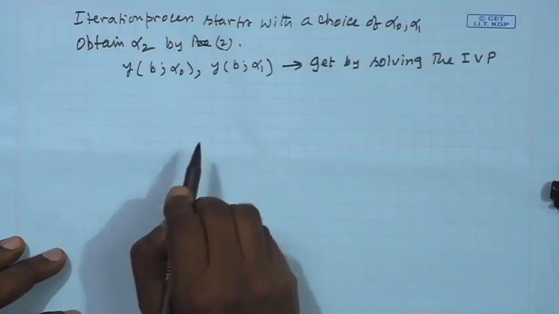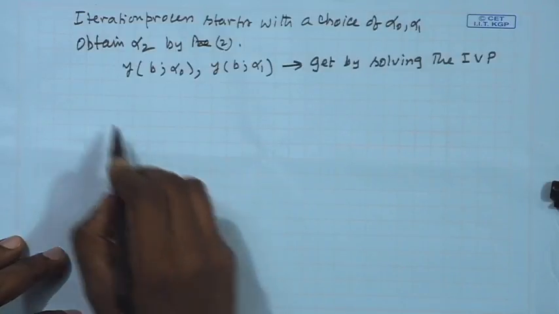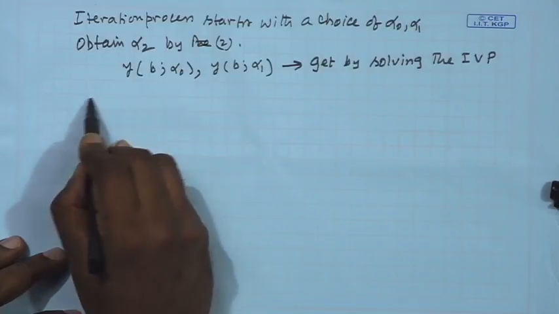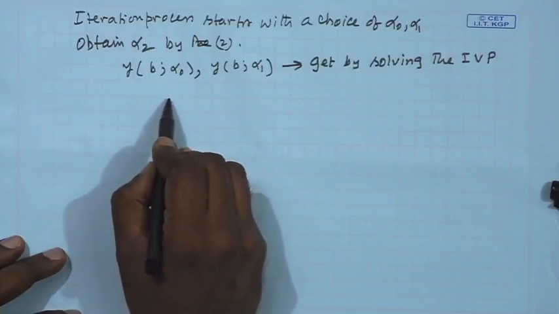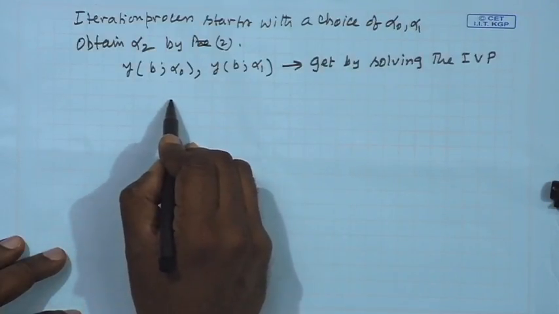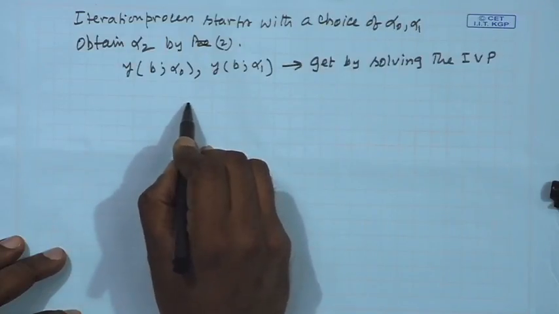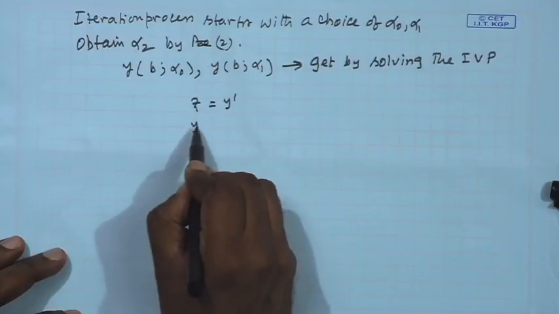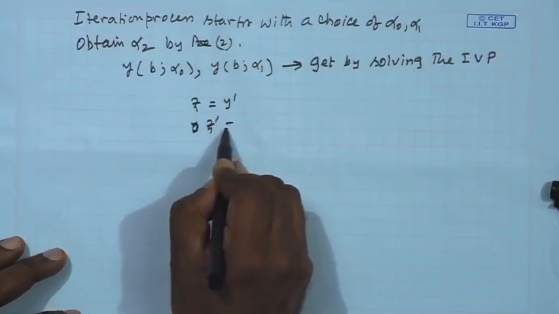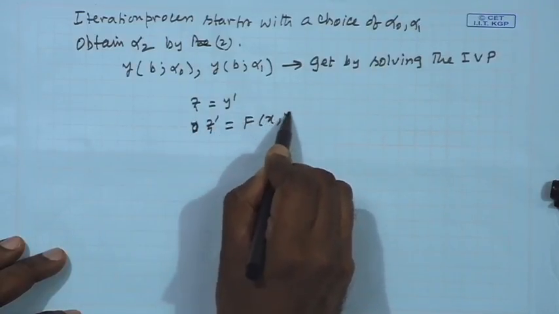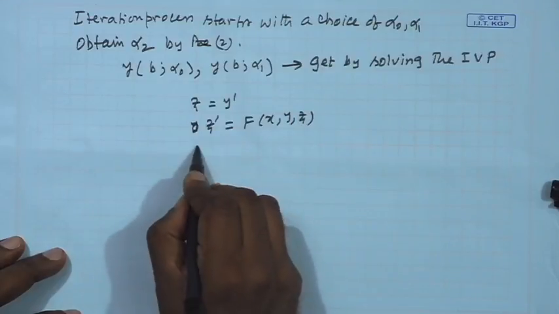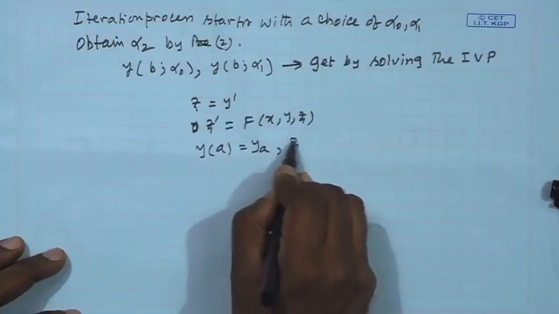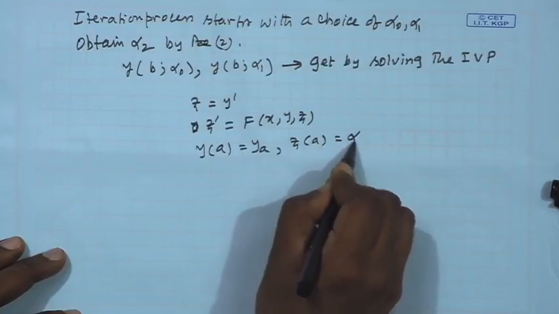Once I get alpha 2, I again go back and solve this IVP, which can be written as z equal to y dash, y, and z dash equal to f(x, y, z), y(a) equal to y_a, and z(a) equal to alpha_k.